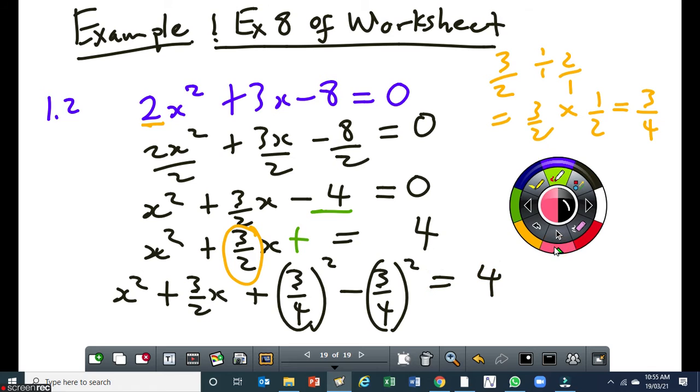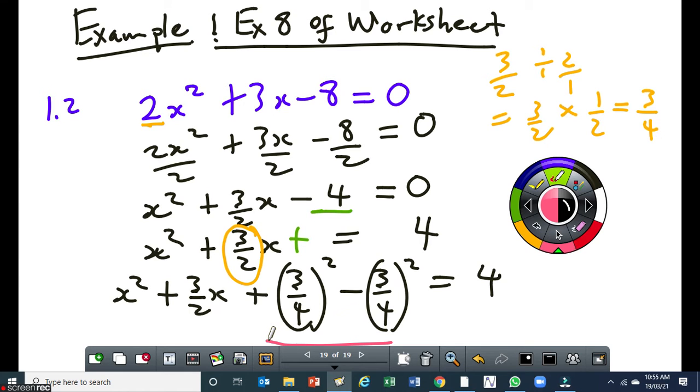Take note, this part gives you what? A 0. So it's more like I didn't add anything, but I did. And that technique is very important because it will help us to create the perfect square trinomial.